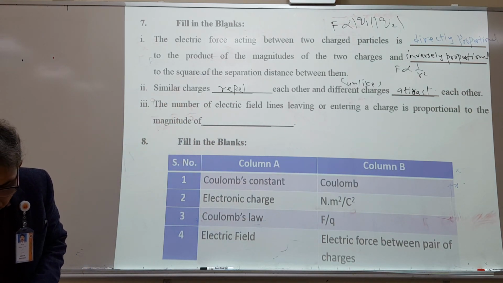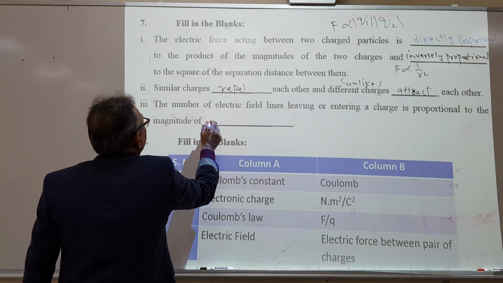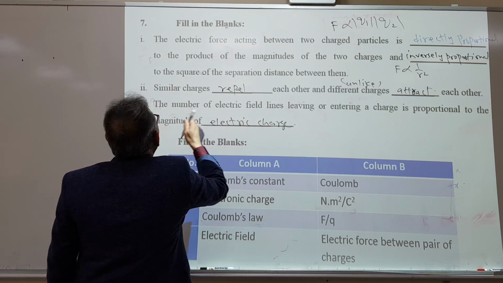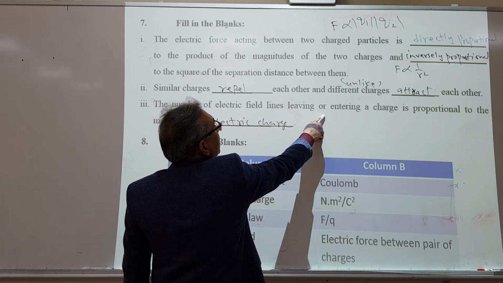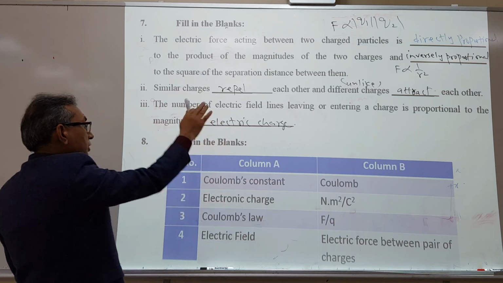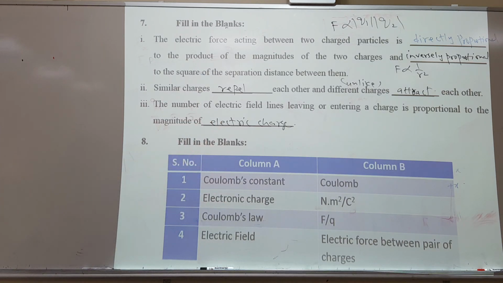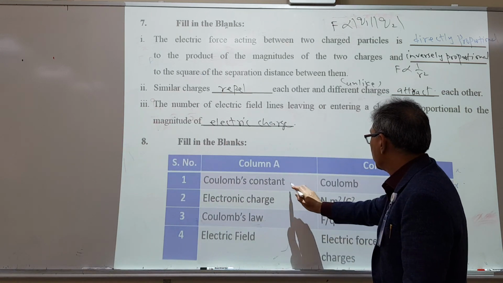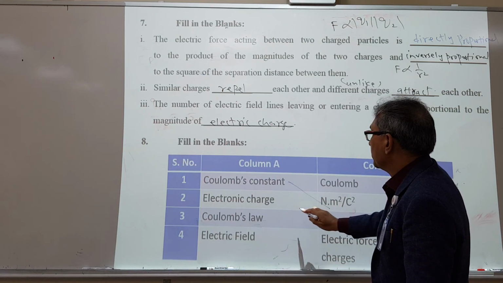The number of electric field lines leaving or entering a charge is proportional to the magnitude of the electric charge. This is what we just discussed in question number 6. Coulomb's constant unit is Newton meter square per Coulomb square.